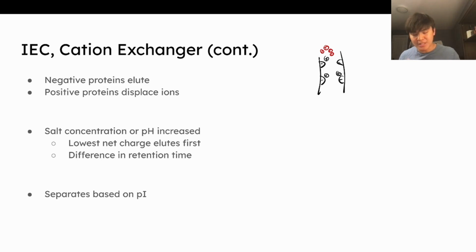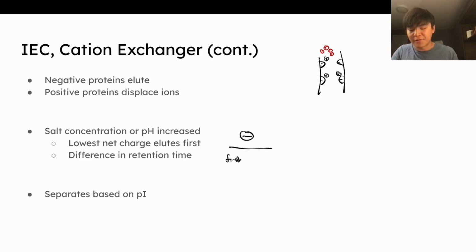And how long this protein stays on depends on how positive it is. So if this protein is very positive, right, then it's going to stay on, and we're gonna have to have a much higher salt concentration. Now, if the proteins aren't as positive, they're gonna elute. Sorry, they're gonna leave because they'll get outcompeted by these positive ions. And so what leaves first?